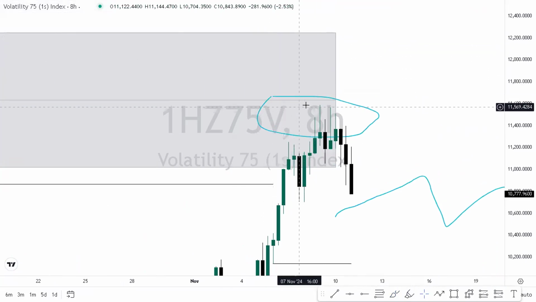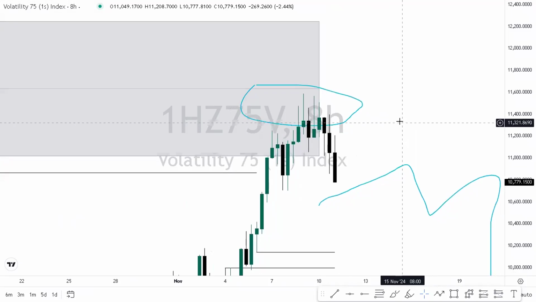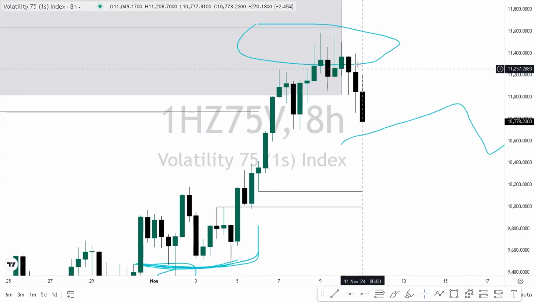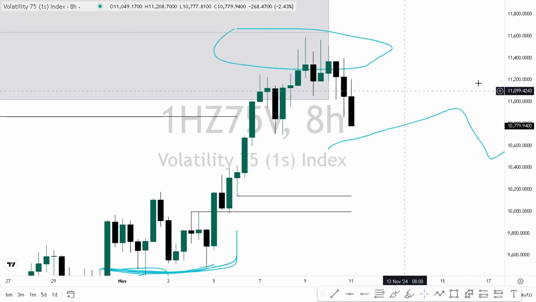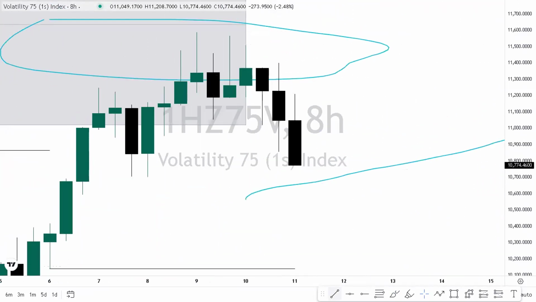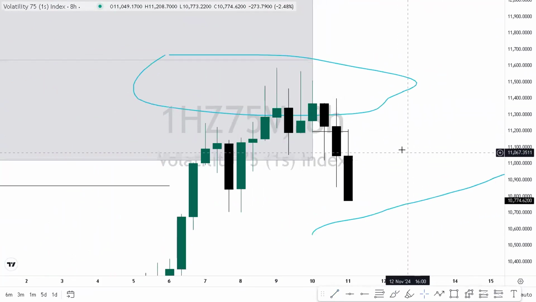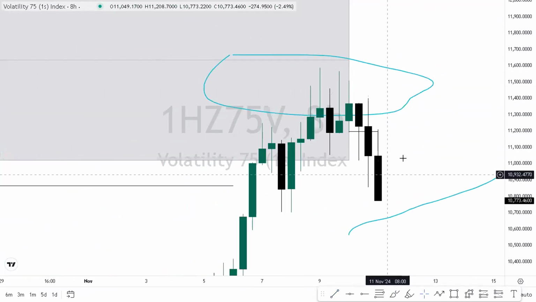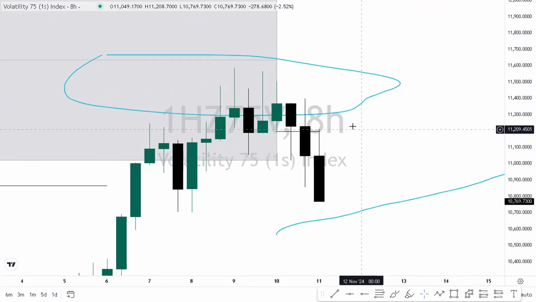So let's say this is about 55% of the said POI that was actually marked. Now, looking through the candles and how the market is mitigating on the 8 hour time frame, you see that the market is going through the OB, which is the last order block that formed before this prior down move on the 8 hour time frame.